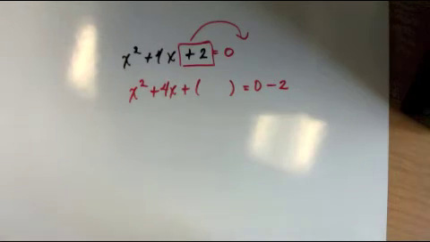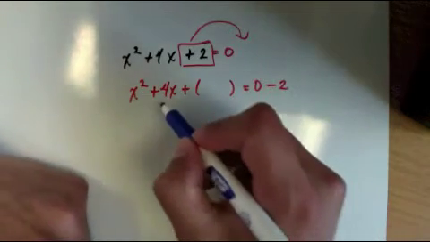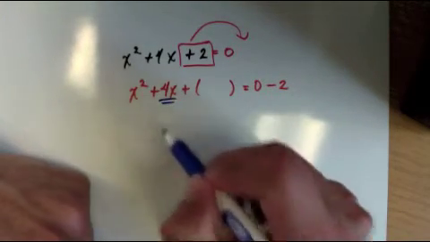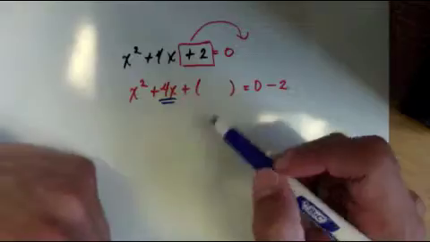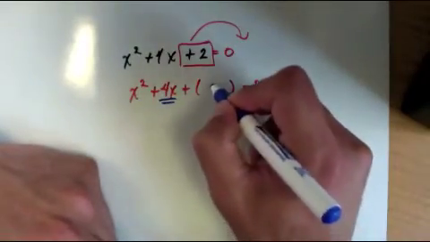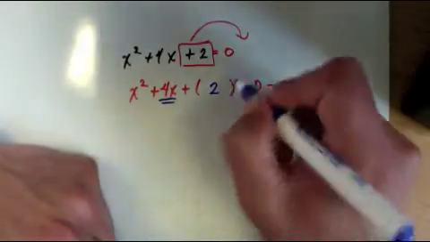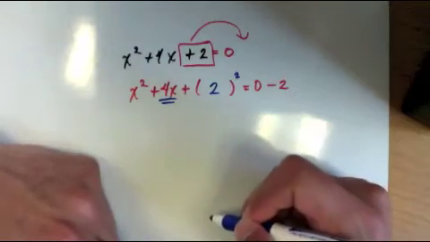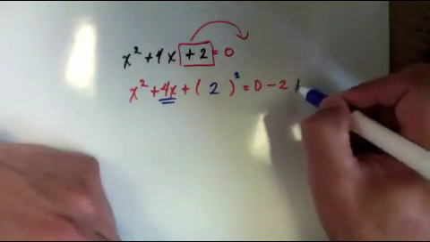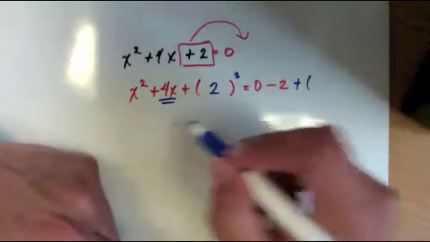Now it's called completing the square for a reason, and it's very, very simple. For this middle term, all you have to do is take half of it. Half of 4 is 2, and we have to square it. Whatever you do on the left, you have to do on the right.